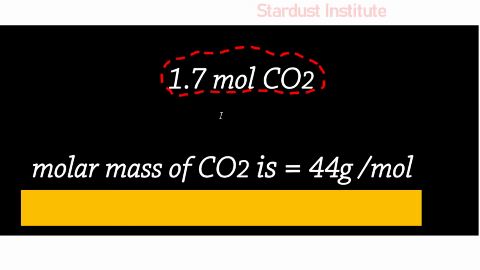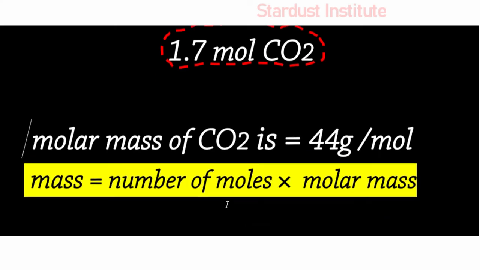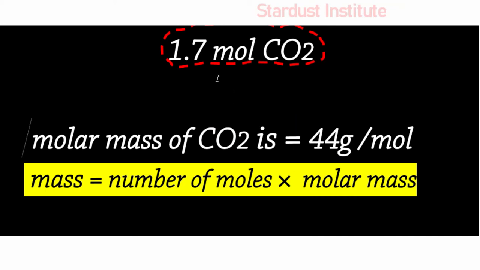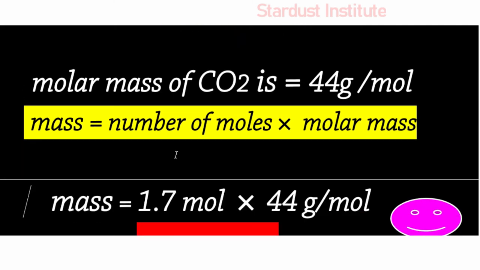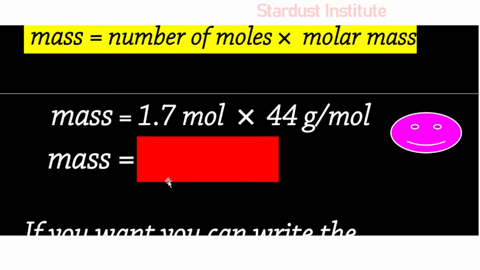Now we need to convert this 1.7 moles of carbon dioxide to grams of carbon dioxide. We know mass equals number of moles times molar mass. Number of moles 1.7, molar mass 44. Mass equals 1.7 mole times 44 grams per mole.